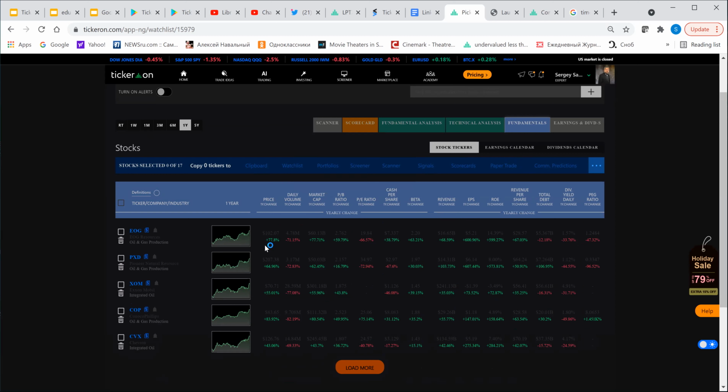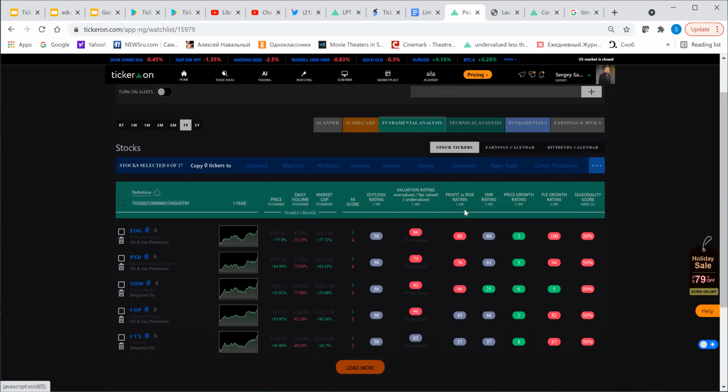There's a lot of data, but people have difficulties working with that, so we developed our own ratings, and it is a good confirmation of what's going on. If the valuation rating is red, it's kind of overvalued, which means it's moving forward. There was a period when it was undervalued, and I will show you how to use that rating to get the stocks. But right now we're working with the list and confirming what's going on.